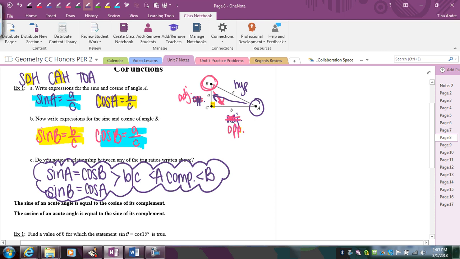Sine and cosine are going to be equal whenever you're taking them of complementary angles.